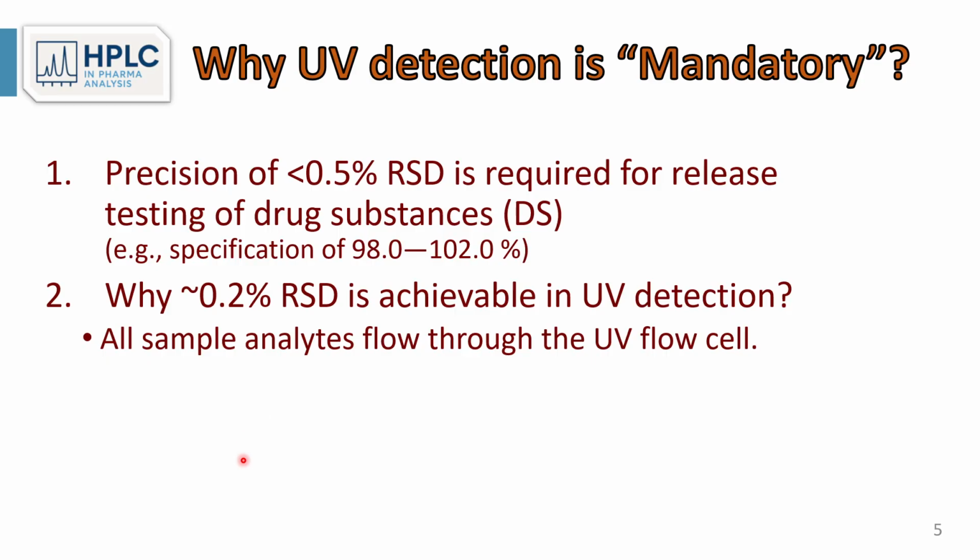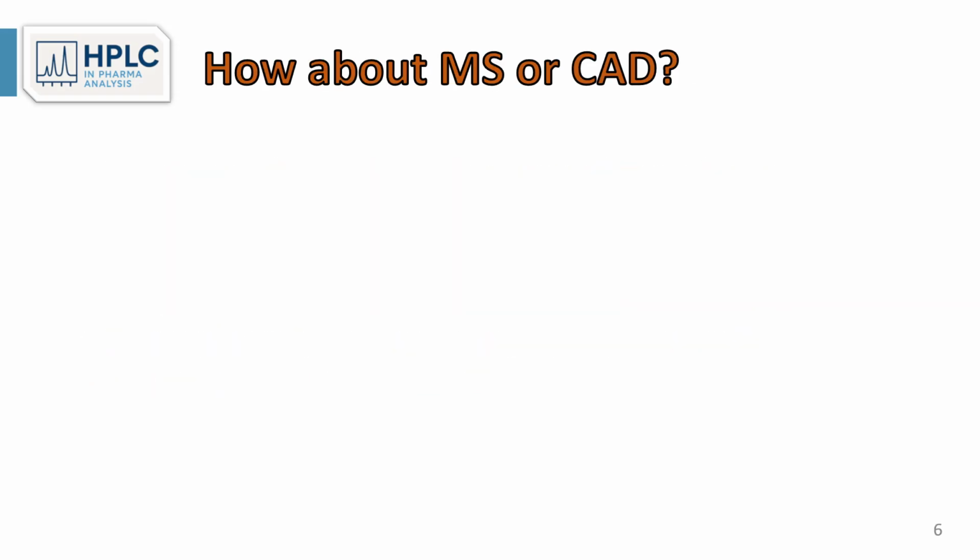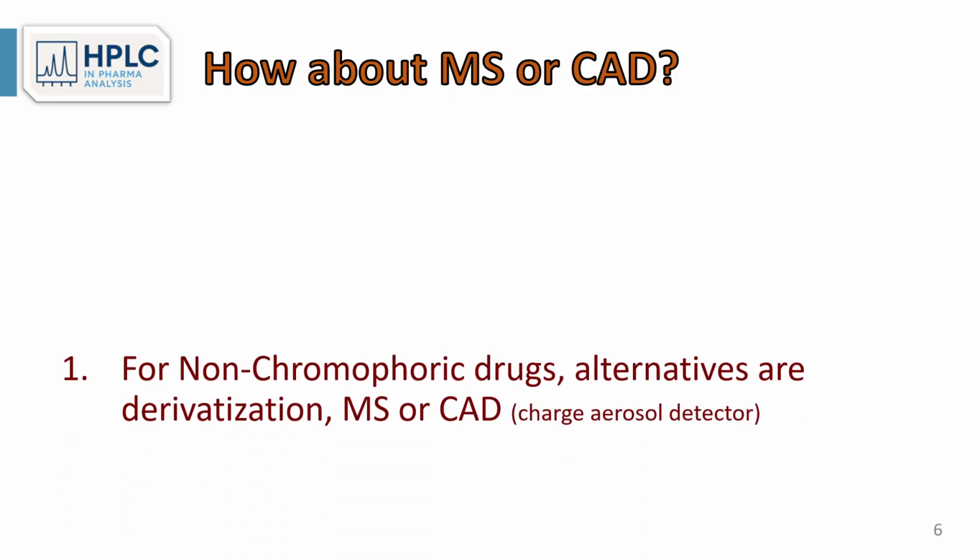This is because in UV detection, all the sample analyzed flows through the UV flow cell. And also, UV detection is generally less susceptible to matrix effects, unlike mass spec or CAD. The next question is, how about mass spec or CAD detection?